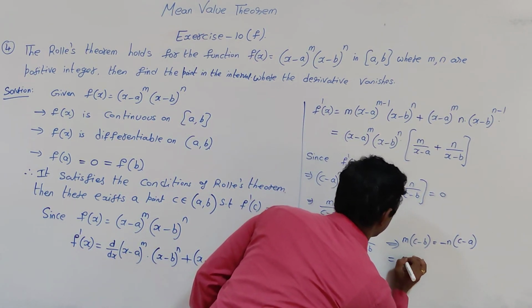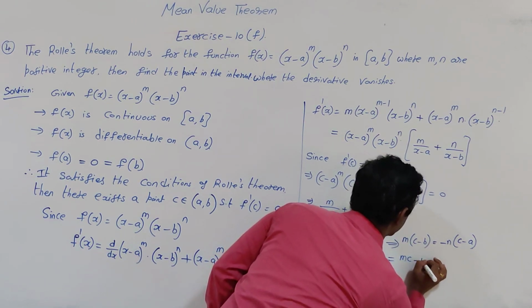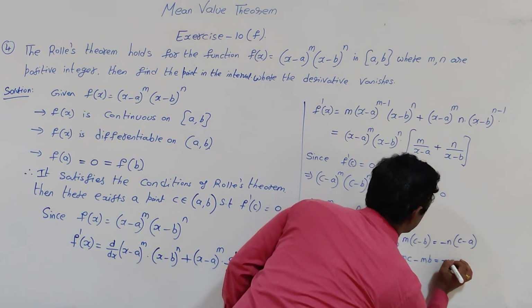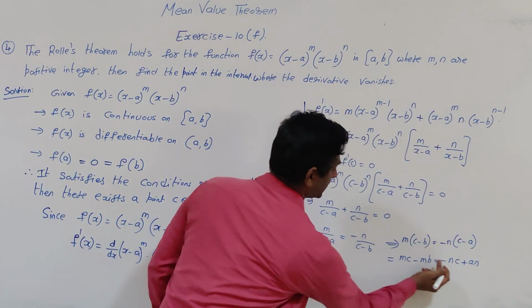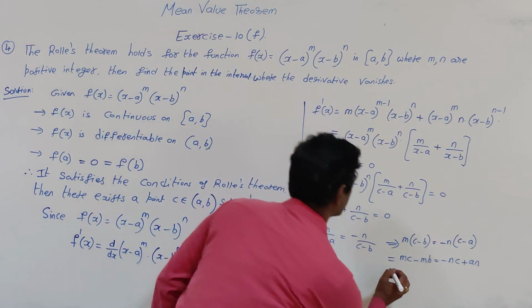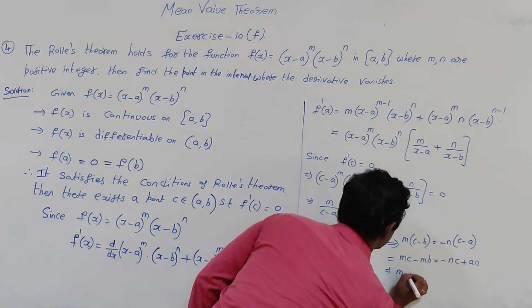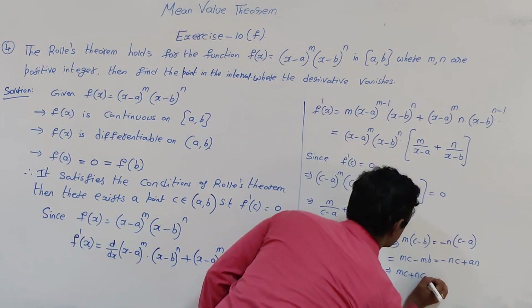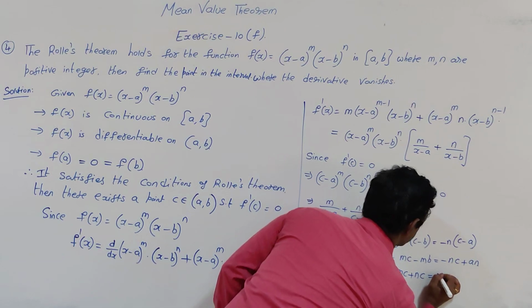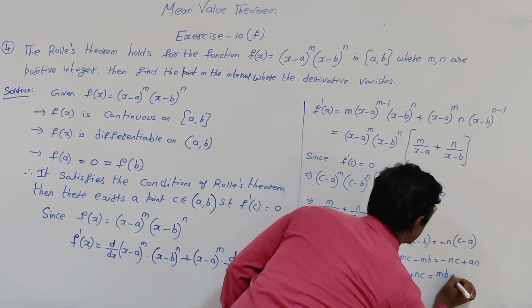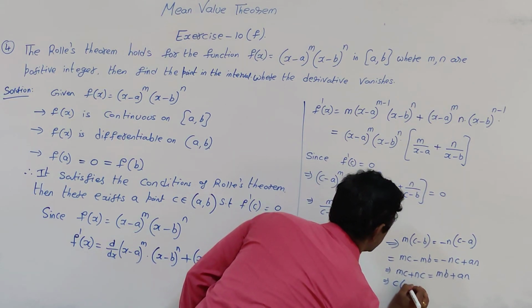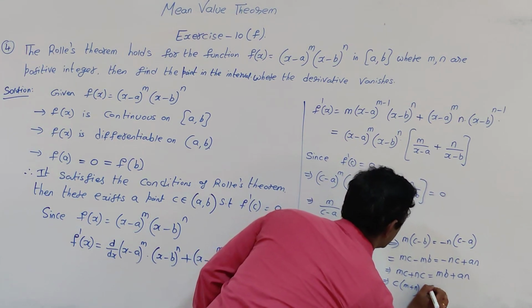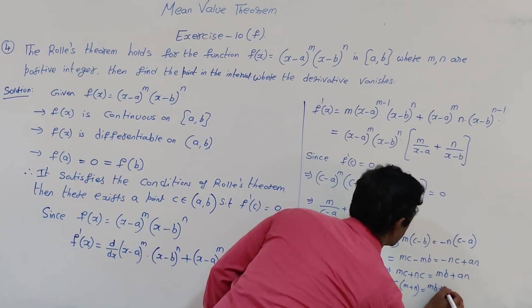So which is mc minus mb is equal to minus nc plus an. Now bring this nc to the left side: mc plus nc is equal to mb plus an. c times of (m plus n) is equal to mb plus an.